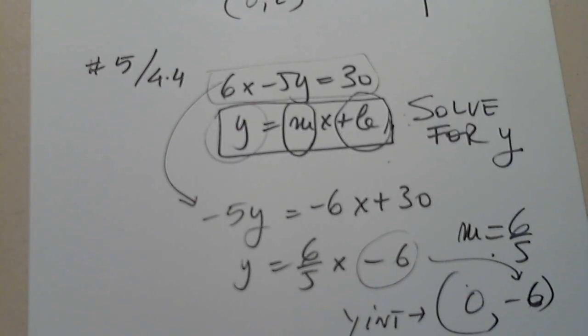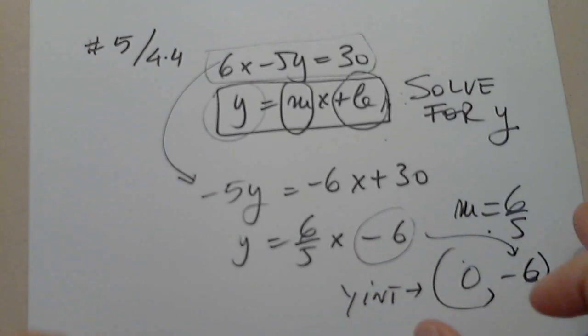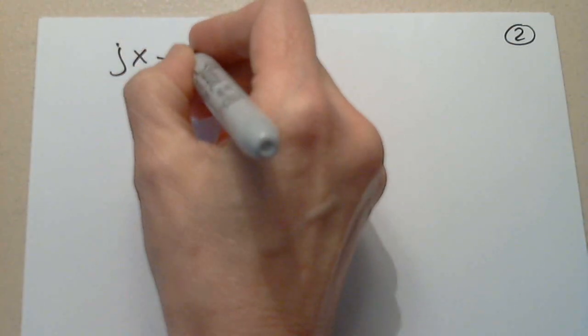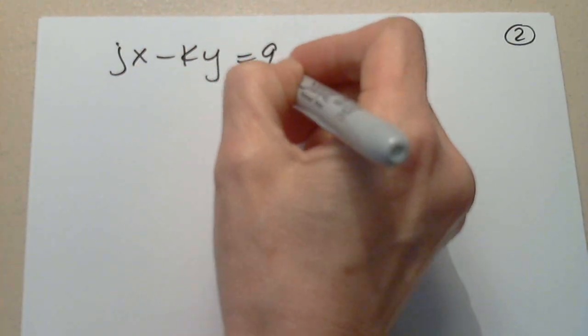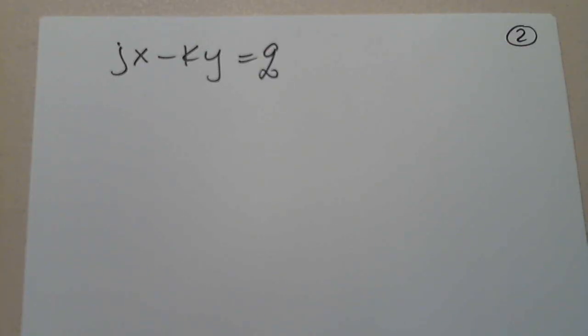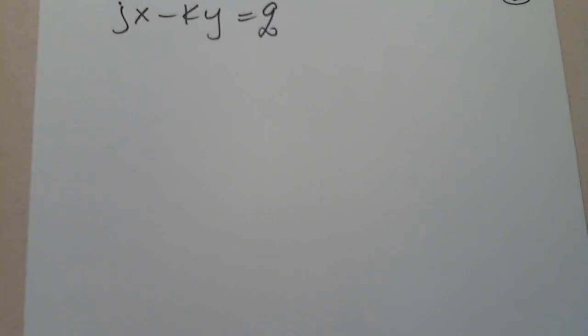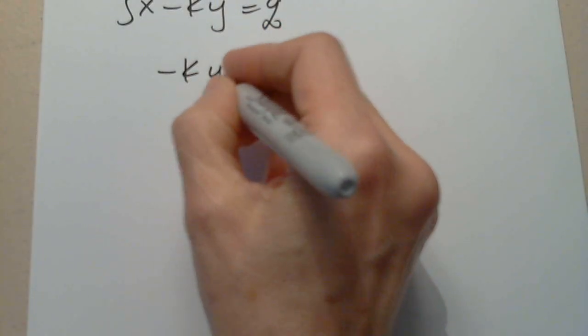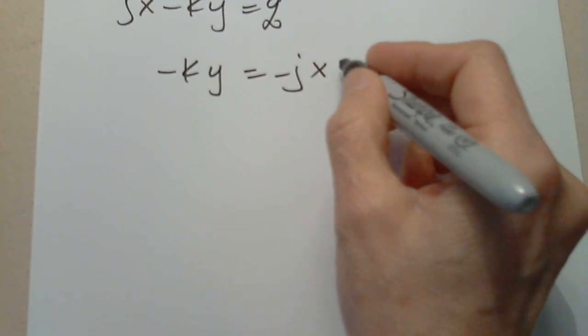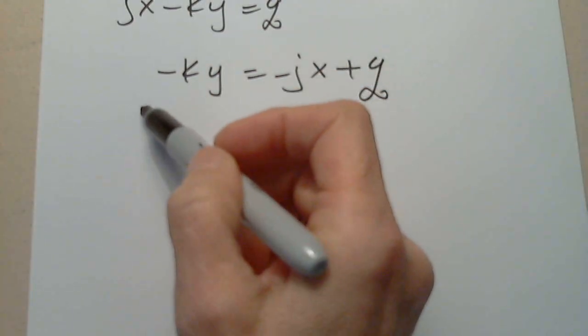So what we have is jx minus ky equals q. So the same question. Slope is -j. Be very careful. Let me show you why. So we do have negative ky equals negative jx plus q. But this is a problem.